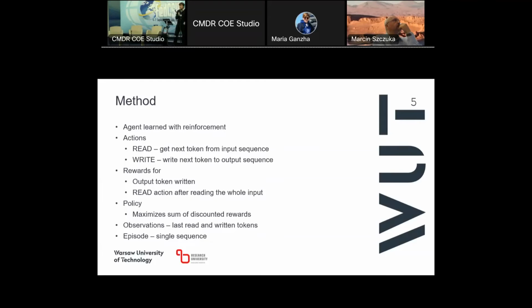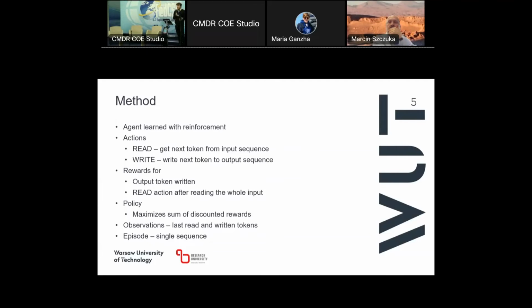The agent learns a policy which is to maximize the sum of discounted rewards, so that the best policy is when the sum is maximized, the produced translations are of equal length as the target and have the same tokens. The observations that the agent gets are the last read token from the input and the last written token to the output.